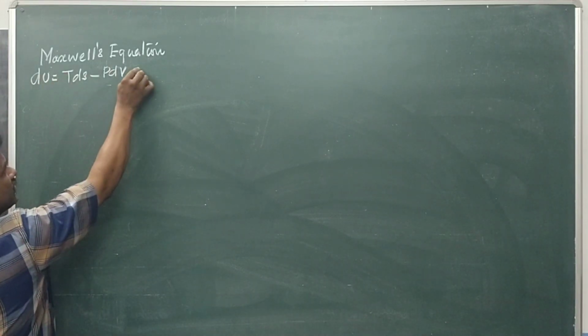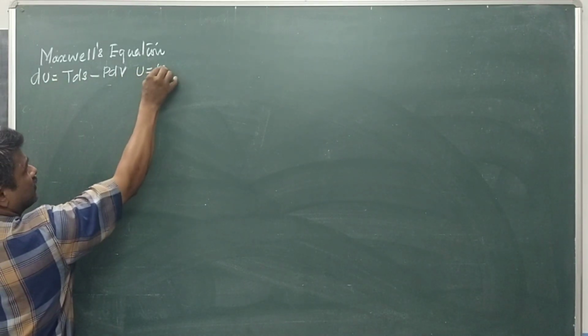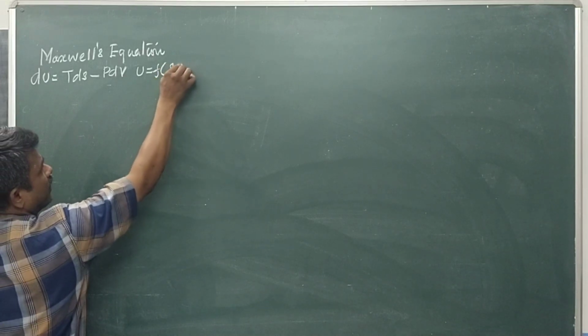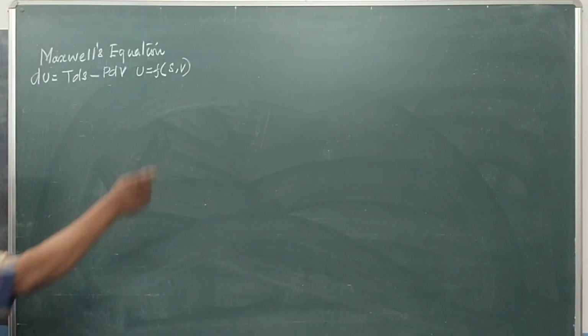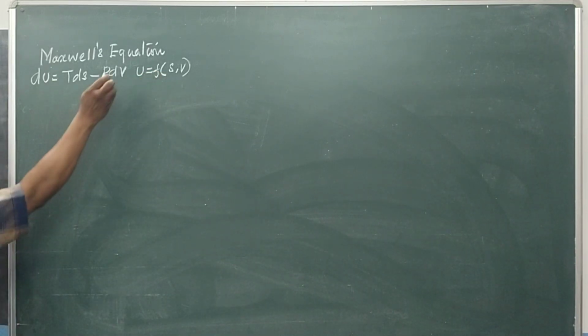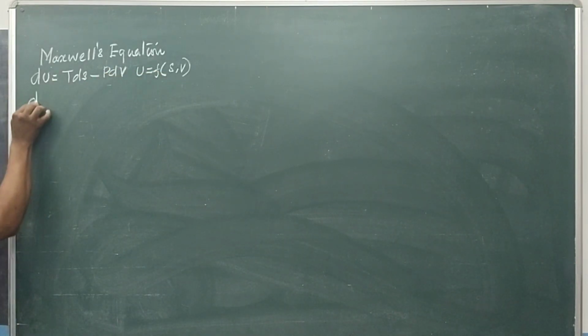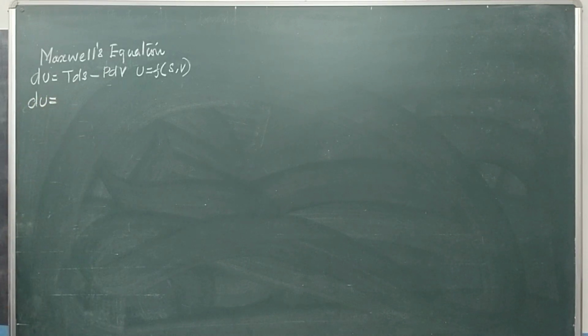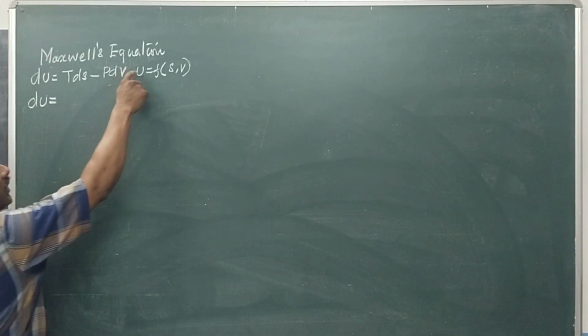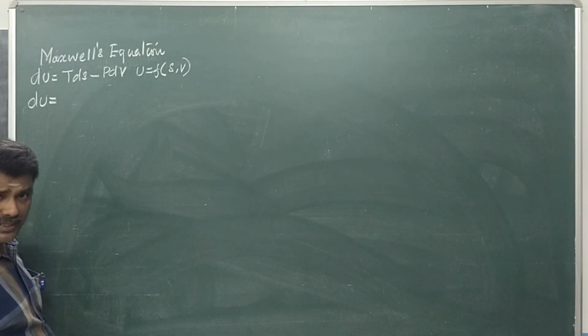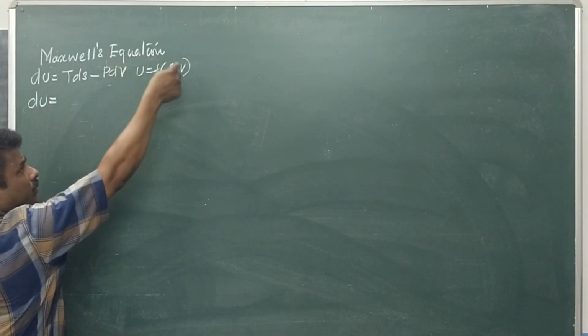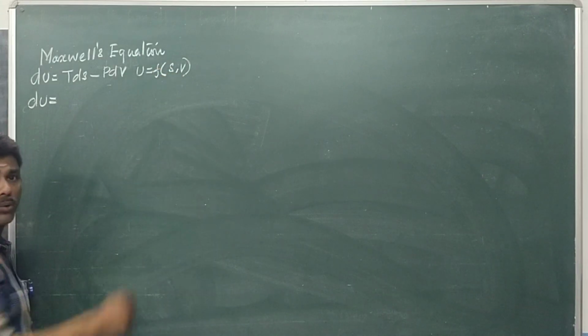For internal energy, it is a function of entropy and volume. Now I am going to find the total differential from the canonical variables. From this, the total change in internal energy is equal to the change with respect to entropy at constant volume plus the change with respect to volume at constant entropy.